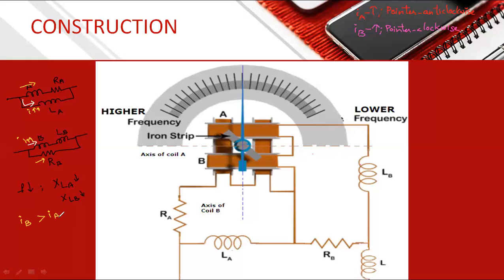The current through coil B is greater than the current through coil A. Now the field due to B is stronger compared to the field due to A. So the iron strip will tend towards the axis of coil B, which means it will move in a clockwise direction, and hence the pointer will also move in the clockwise direction, indicating lower frequencies. Hope you understood the same. Let us go to the slides.